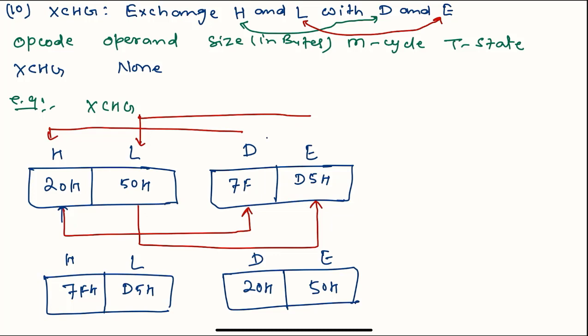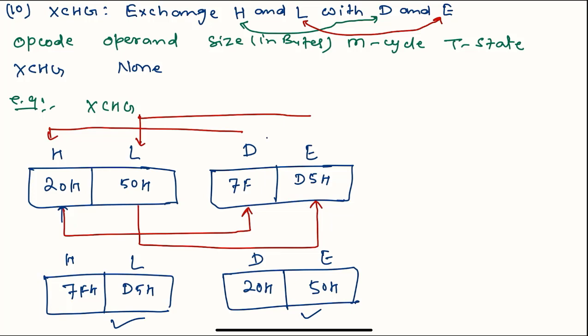The content of the HL register pair is exchanged with the content of the DE register pair. The higher byte of HL is replaced by the higher byte of DE, and similarly the lower byte of HL is replaced by the lower byte of DE. After execution, this will be the content of the HL register pair and this will be the content of the DE register pair.